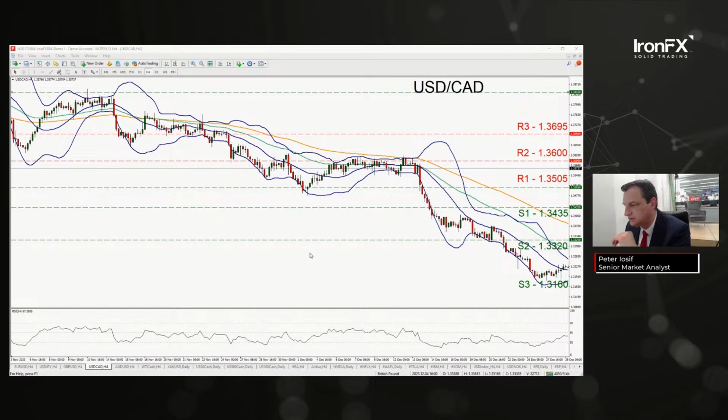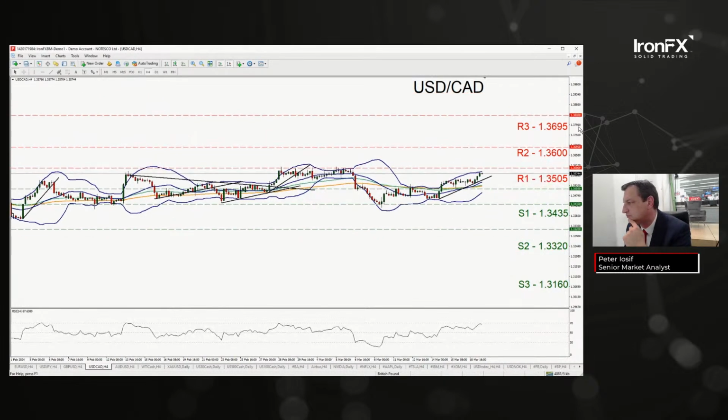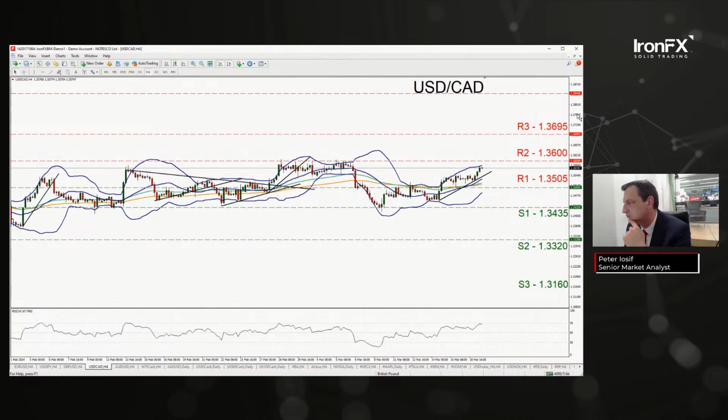In red, and we're talking about the 1.3840. We're adjusting the chart. R2 to be set at 1.3695.